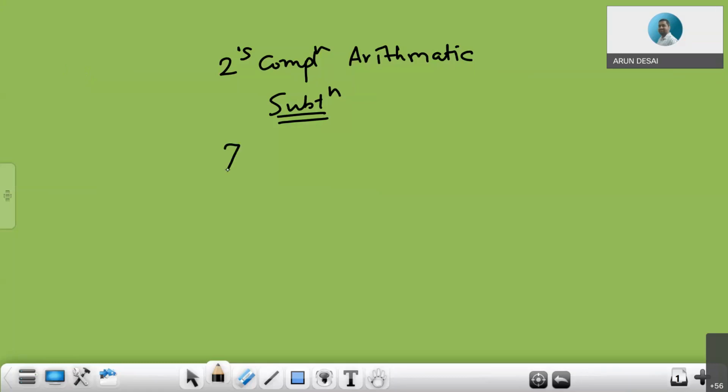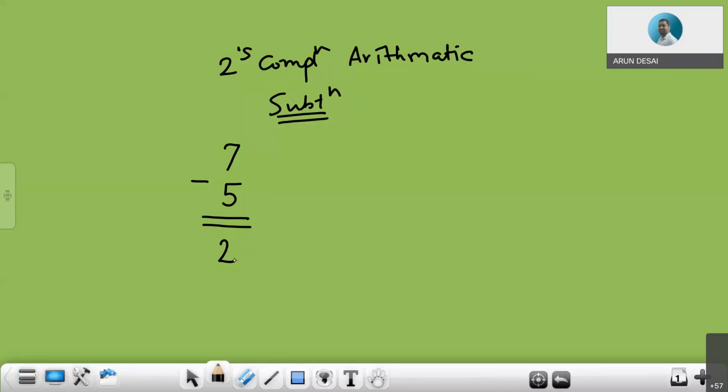Say those are two numbers. You need to subtract 7 minus 5, right? Or 5 from 7. What could be the result? It's simple, right? 2 is the result. But how to use the two's complement method?